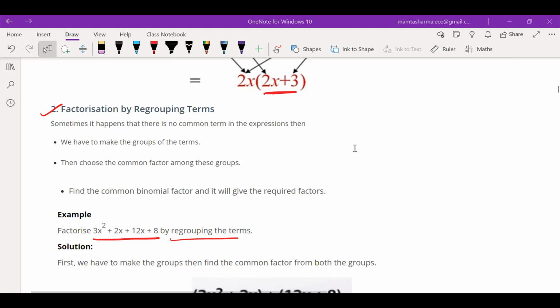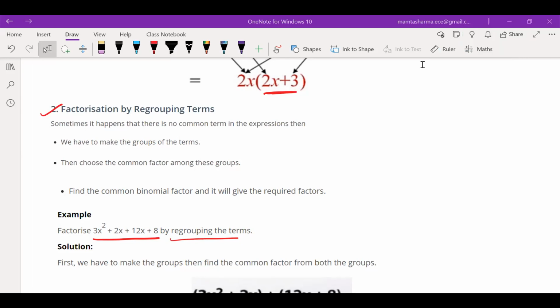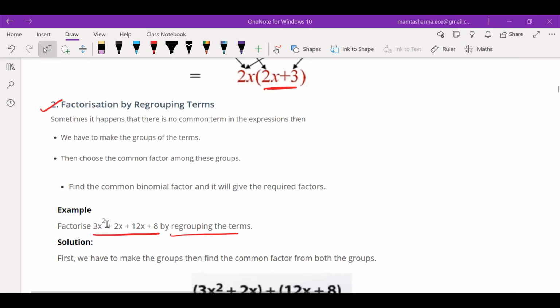Tell me, what are the factors of this expression? Harshita? Yes, ma'am.